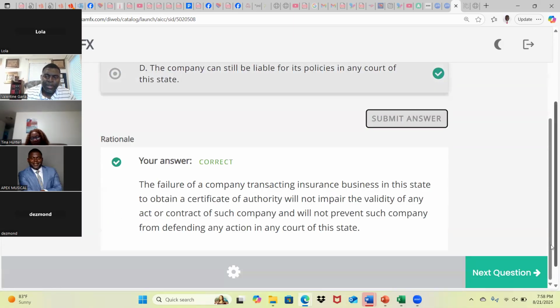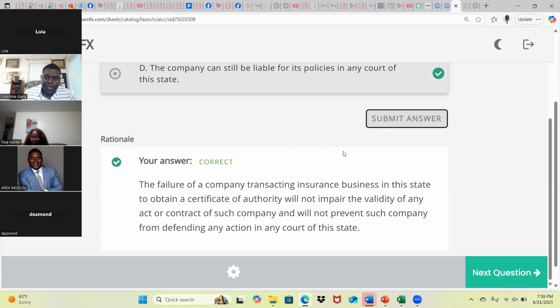Okay, that's correct. The failure of a company transacting insurance business in this state to obtain a certificate of authority will not impair the validity of any act or contract of such company and will not prevent such company from defending any action in any court of this state.